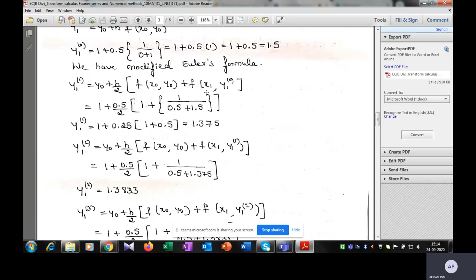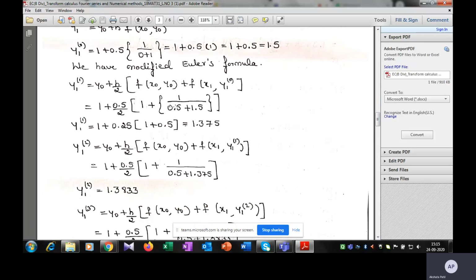So substitute all values here. So y0 is 1 plus h is 0.5 by 2, and f of x0 comma y0 we already calculated above. So write it down 1 plus f of x1 comma y1 of initial approximation, means once again use the given differential equation, and x is considered as x1, y is considered as y1 of initial approximation, and substitute the values here.